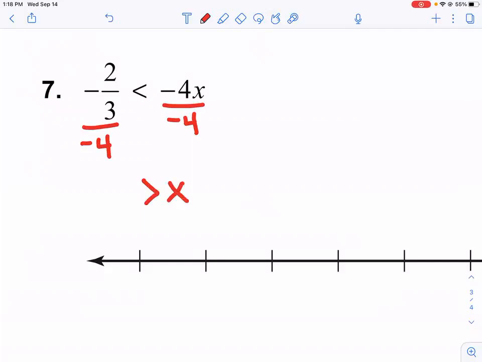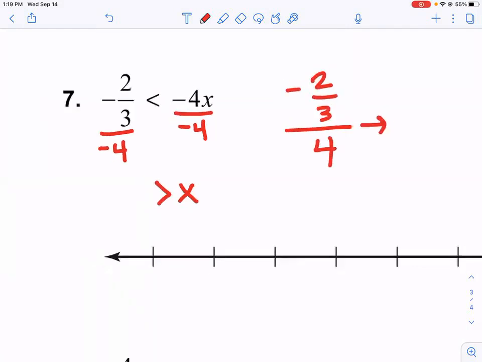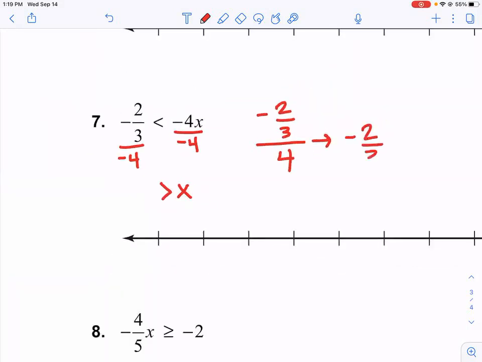Oh, I have -2/3 divided by -4. Okay, that's not really enjoyable, is it? So let's do this. When we're talking about dividing and we have fractions, we know that dividing means the same thing as multiplying by the reciprocal. So -2/3 divided by -4 means the same thing as -2/3 times its reciprocal, -1/4.